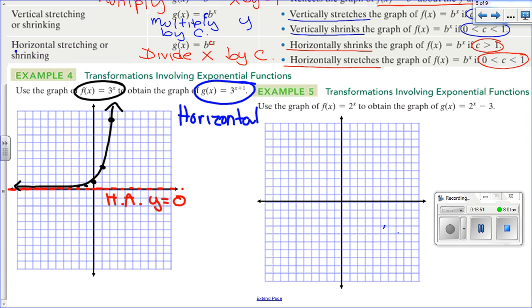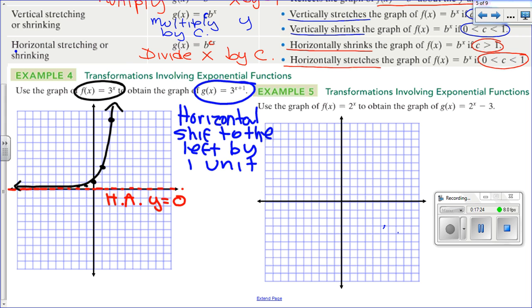You can look at your notes before you answer if you want to. So we say it is counterintuitive. Very nice. So horizontal shift to the left by 1 unit, right?